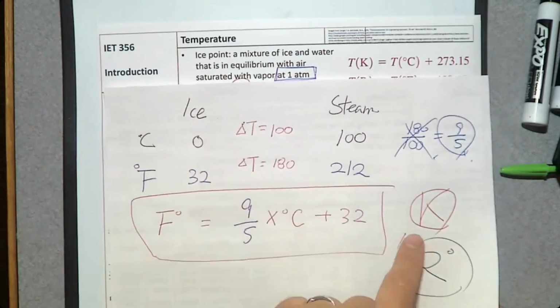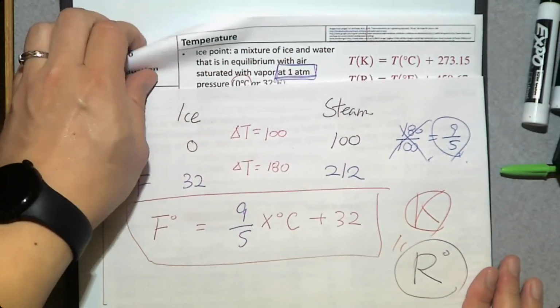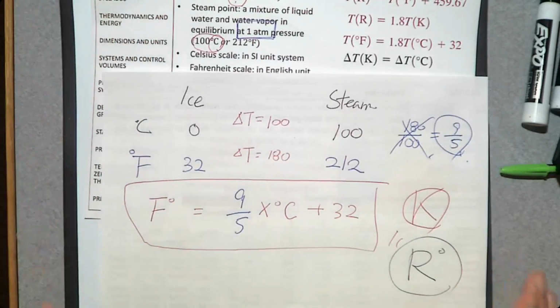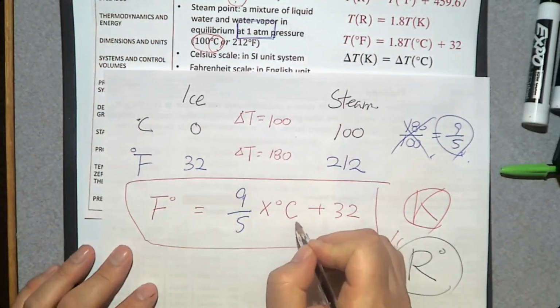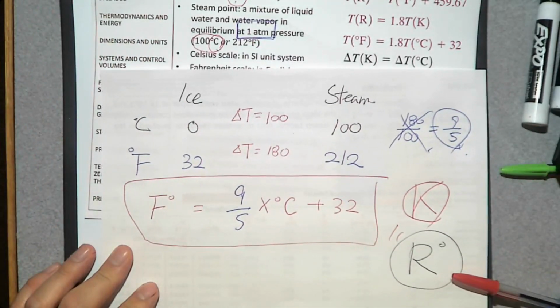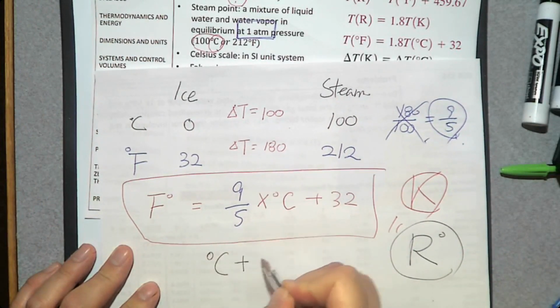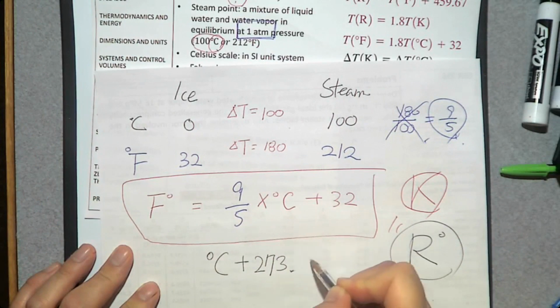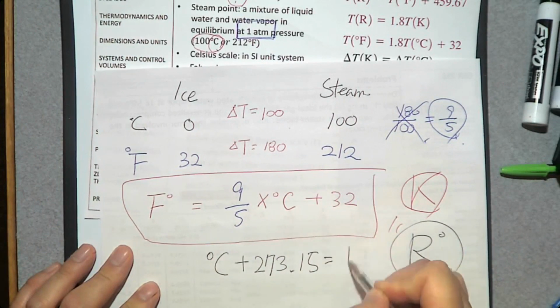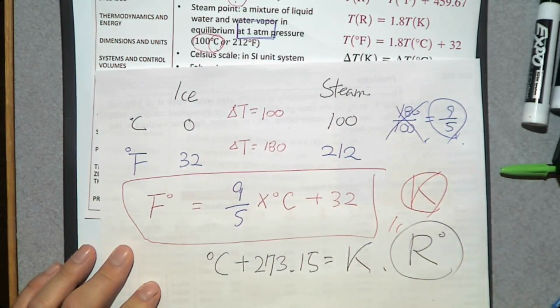Then, what is Kelvin? Determining Kelvin is pretty easy. Degrees Celsius plus 273.15 becomes Kelvin. Or some people say 273.16.